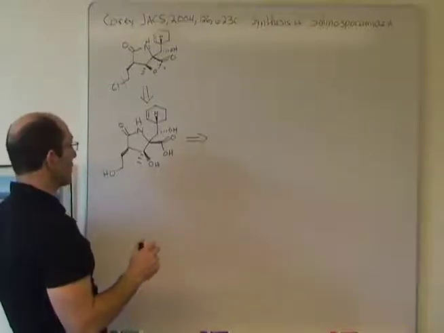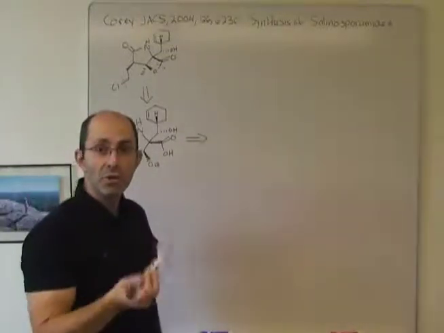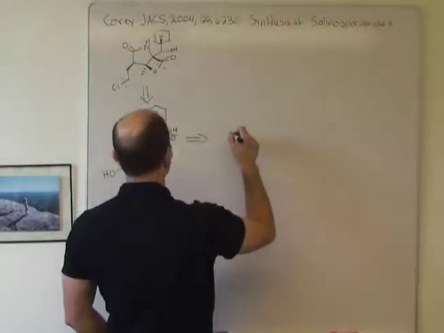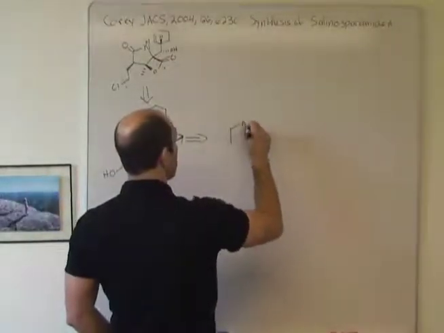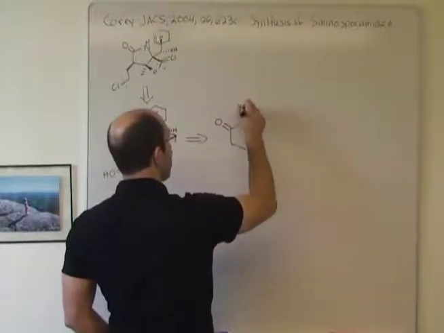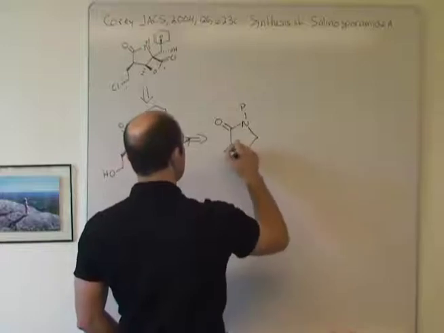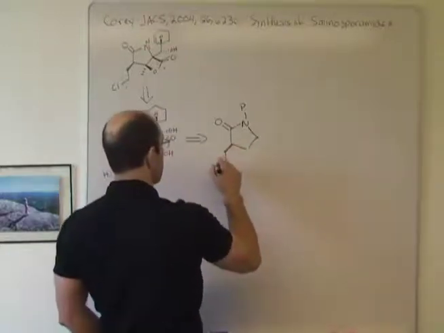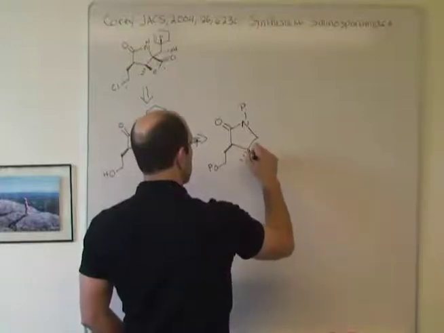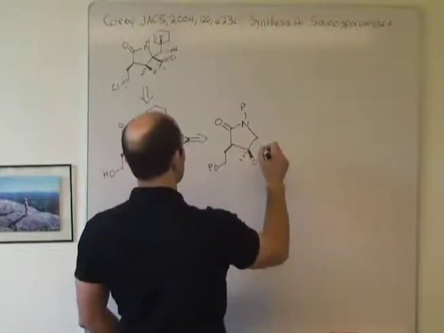So let's just use a generic P as a protecting group. It doesn't really matter right now what that is. Again, we're thinking retrosynthetically here. Let's say we're going to have that nitrogen protected as something, an alcohol protecting group, another alcohol protecting group.